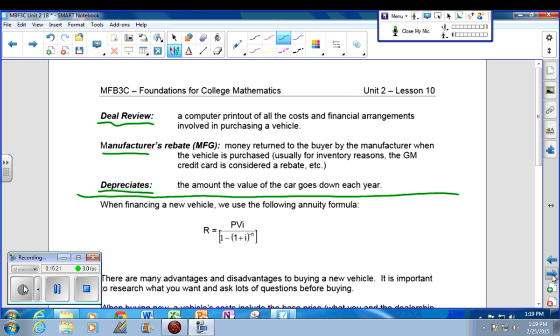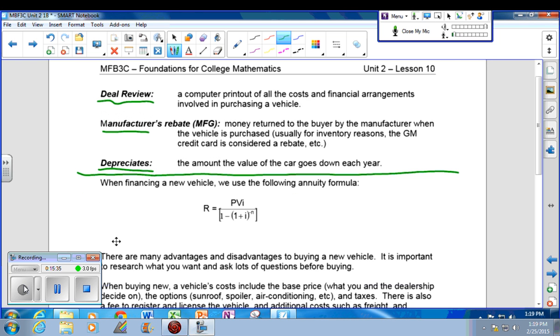Okay. So now I drew a line there because the course material kind of runs right into the next section without really giving us a little bit of warning there. So it says that when we're financing a new vehicle, we're going to use the annuity formula.